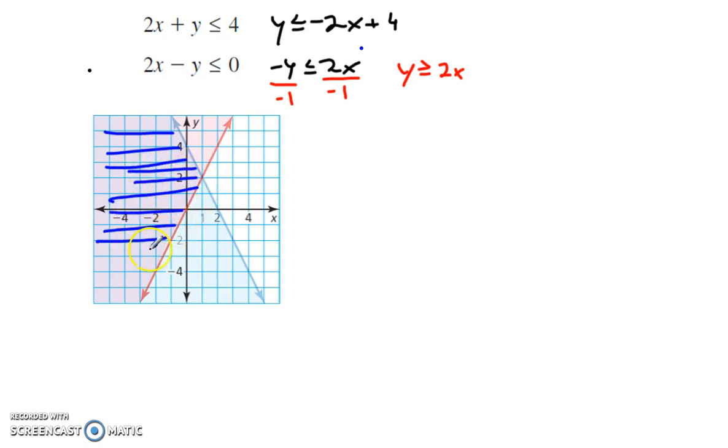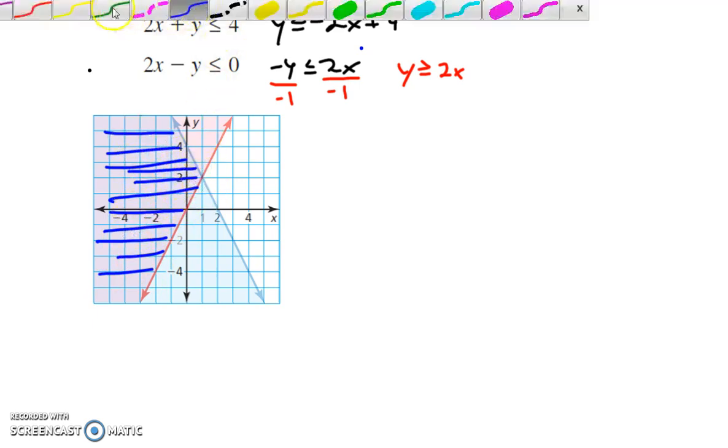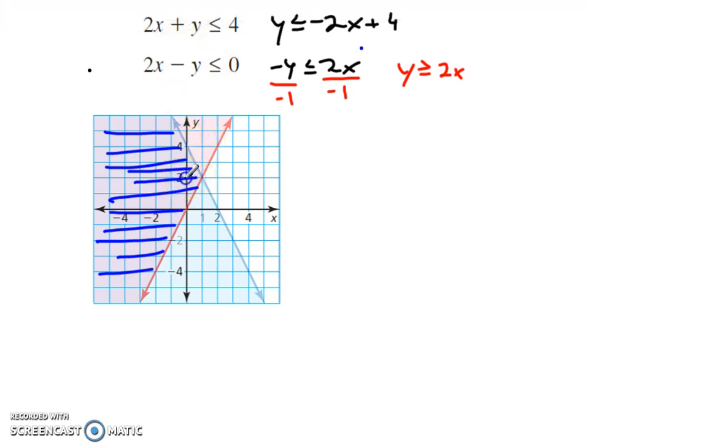Any point in that area over there should be part of the solution. So I could pick this point right here, 0, 2, and it should work for both of these. Let's check that. Plug it into the first one. 2 times x, which is 0, plus 2. Is that less than or equal to 4? Well, 2 times 0 is 0, and 2 is less than 4. That is correct.